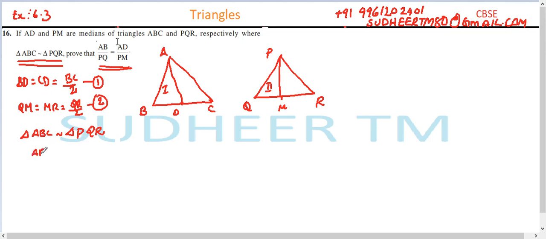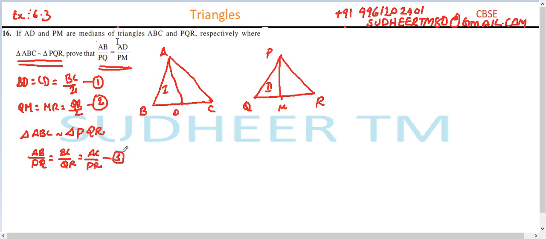So AB divided by PQ is equal to BC divided by QR, which is equal to AC divided by PR. So this is equation number 3.